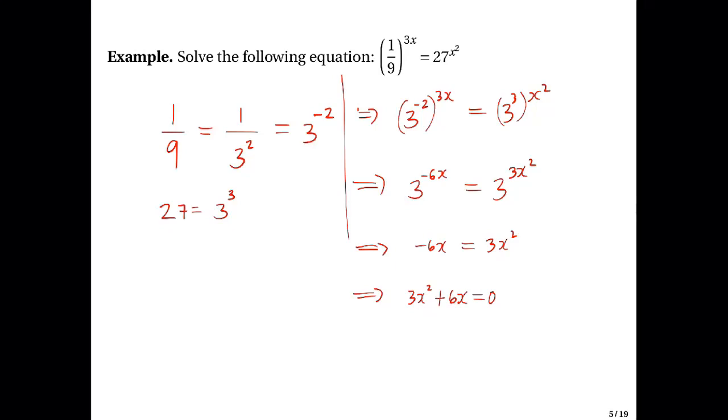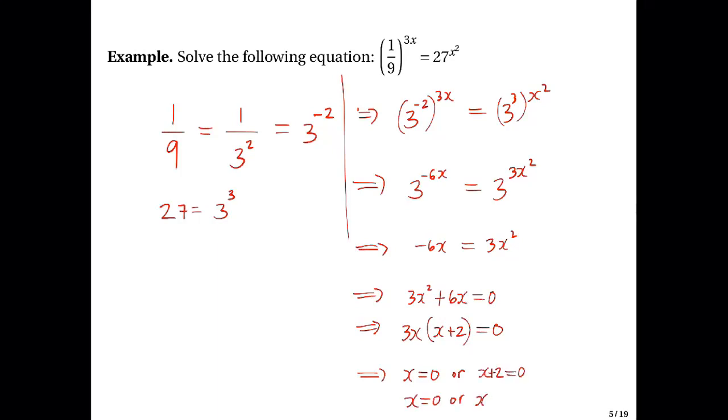And what remains inside is x plus 2. And this is equal to 0. Therefore, your x must be equal to 0, or your x plus 2 equals 0. Or this means that your x equals 0, or your x equals minus 2.